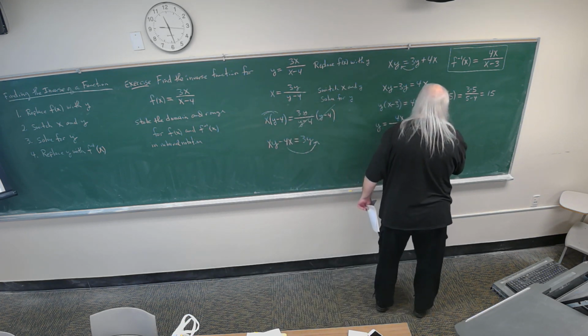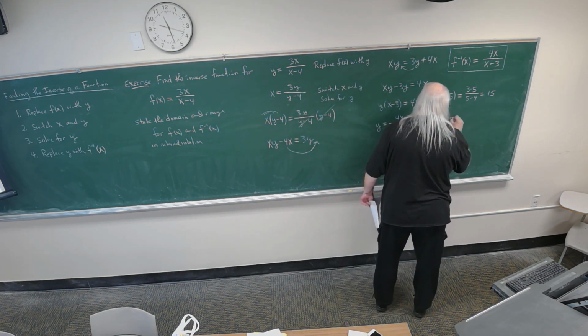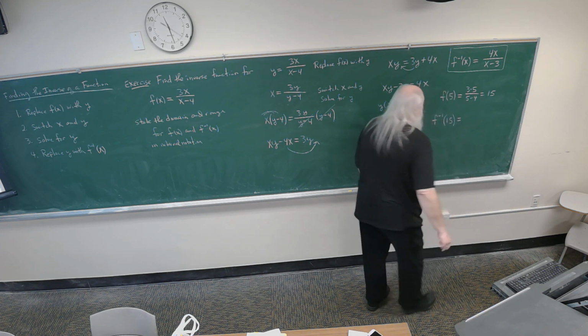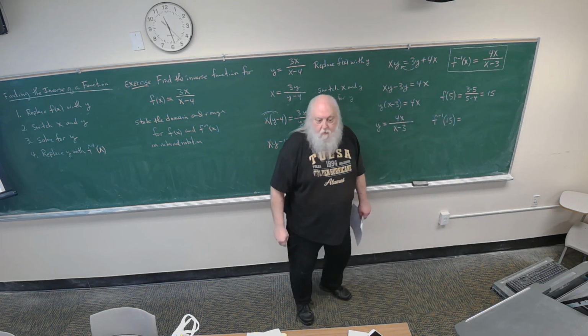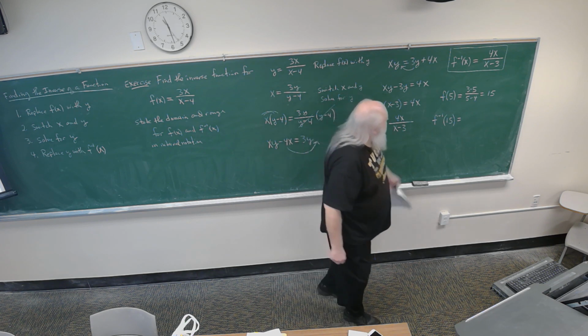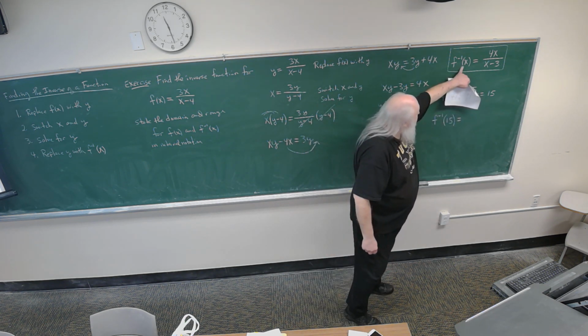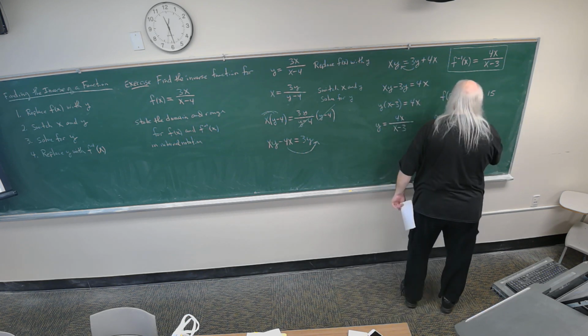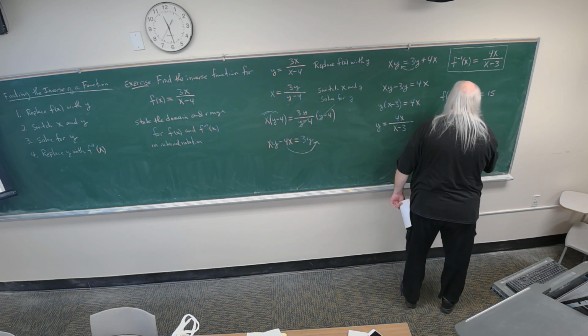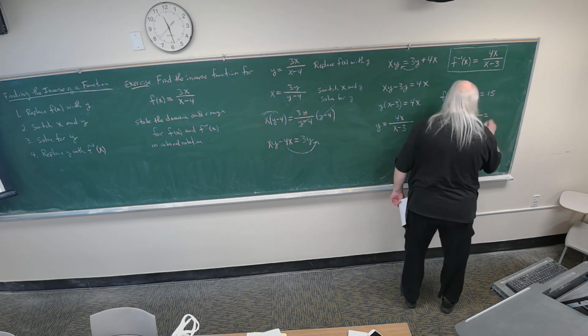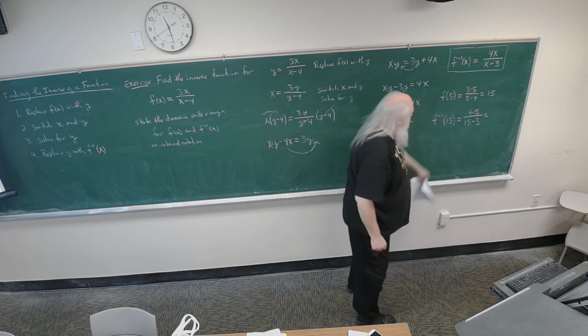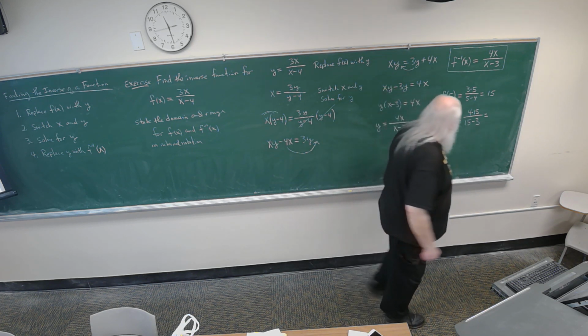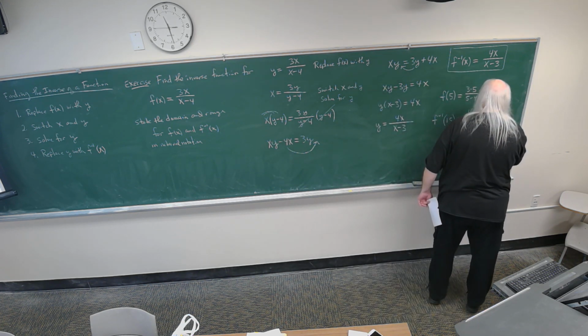So f inverse of 15 should equal what? 5, right? So let's put 15 in for x up here and see if that's what we get. So on the right-hand side, we get 4 times 15 over 15 minus 3. 4 times 15 is 60. 15 minus 3 is 12.